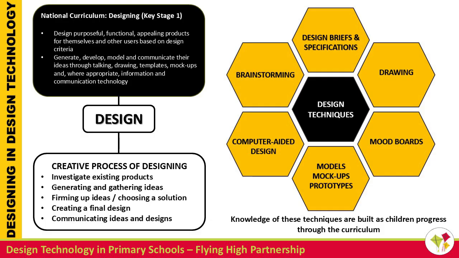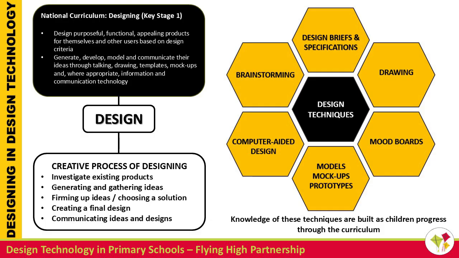There are many different techniques that designers use to develop their ideas and designs and use to communicate these designs. We have identified 6 of these techniques which children can use in primary schools. These are introduced in Key Stage 1 and consolidated and developed as children progress through Key Stage 2.